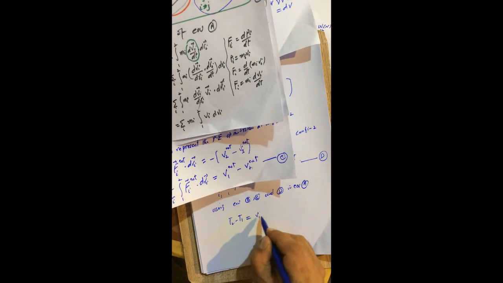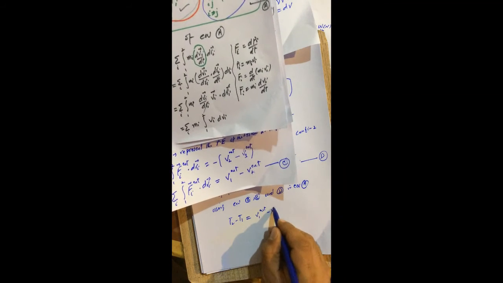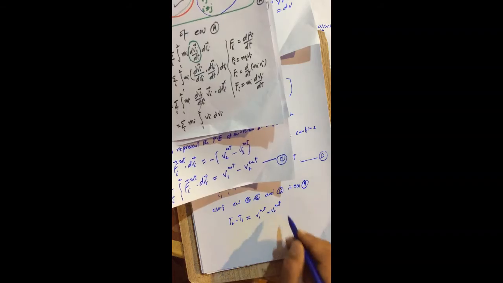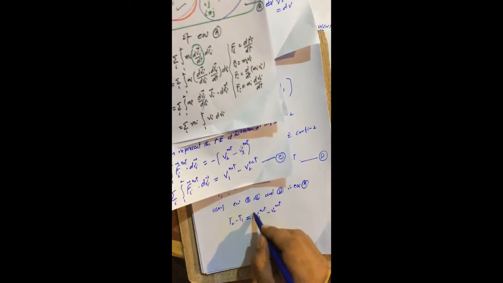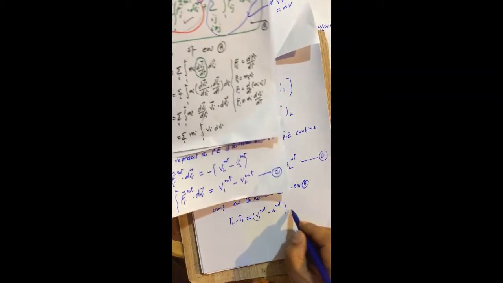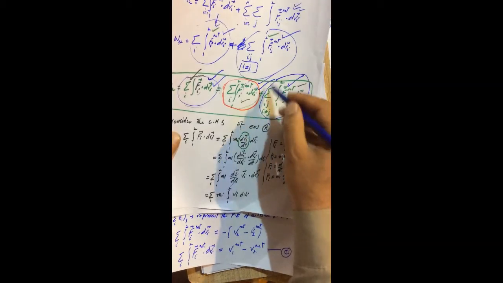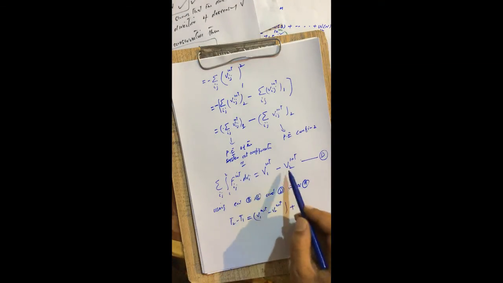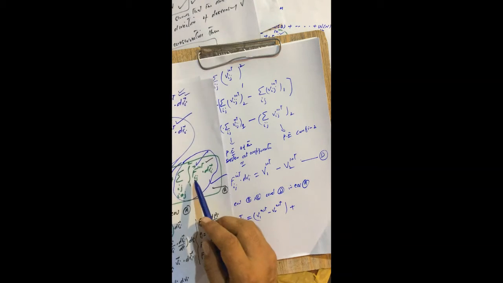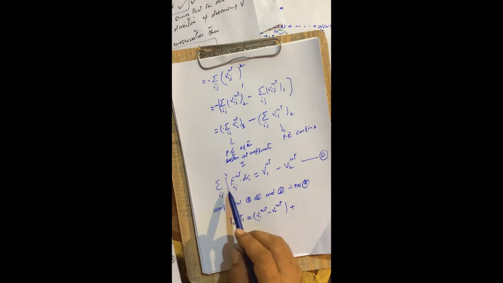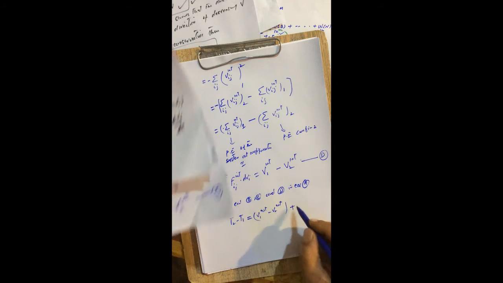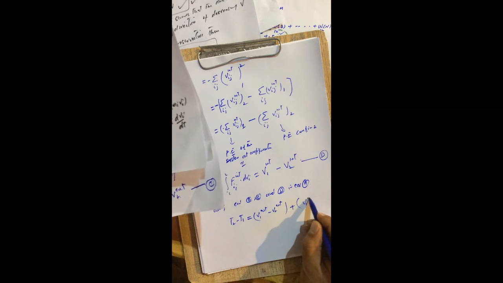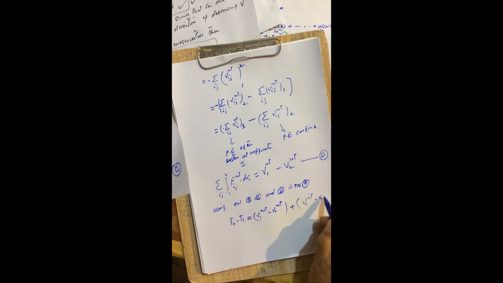So we have V1 external minus V2 external. Then we have plus this term, and this term we already calculated here, its value is V1 internal minus V2 internal.